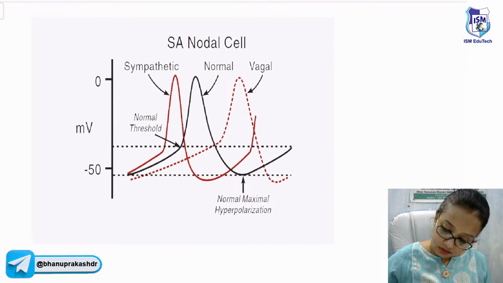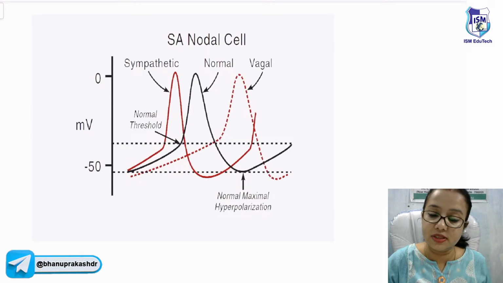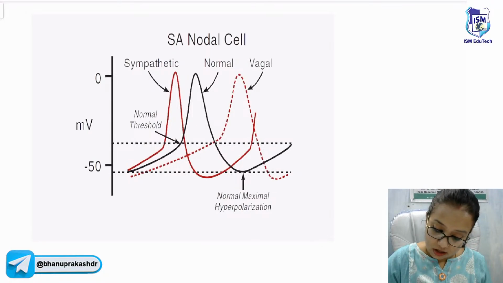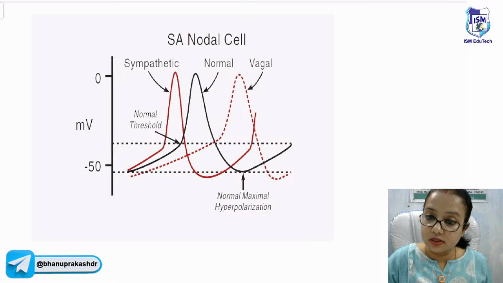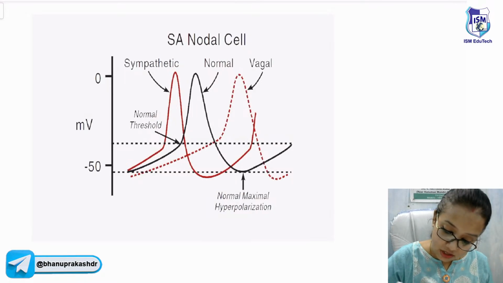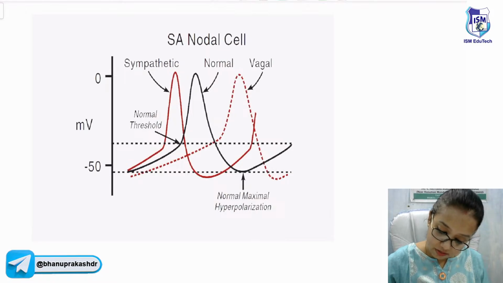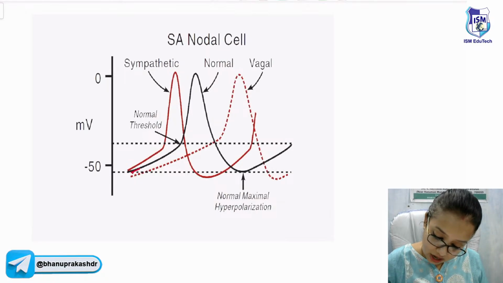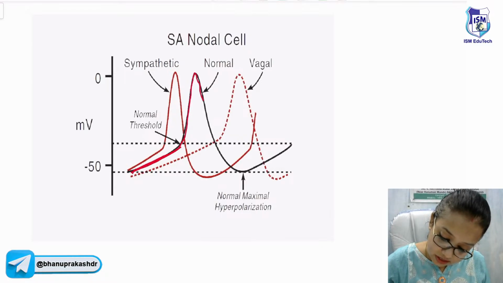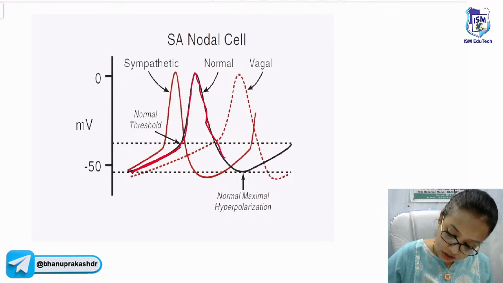So, this is a graph that shows the condition of the nodal cell, the pacemaker, the SA node, in three states. One, when it is manifesting the normal activity, when it is causing a normal beat, as we can see in this middle graph. So a normal heart rate which is given out by the SA node after it generates an impulse is like this, the slow type, exactly like what we have studied.